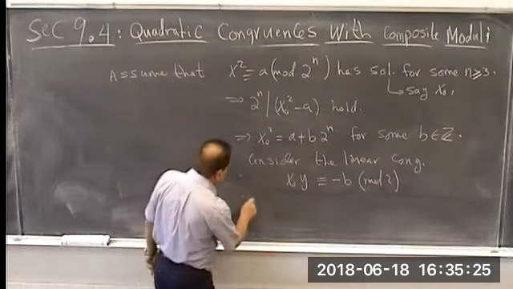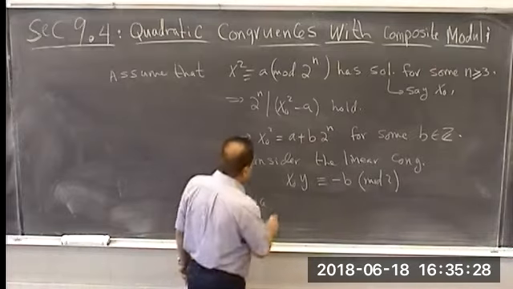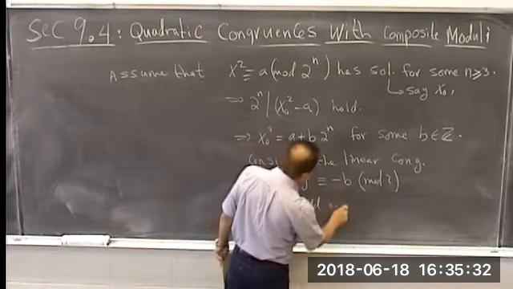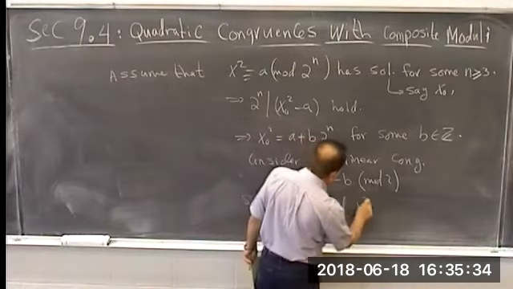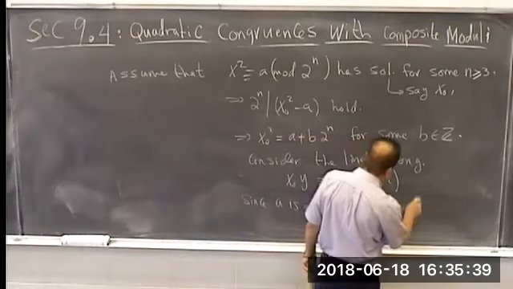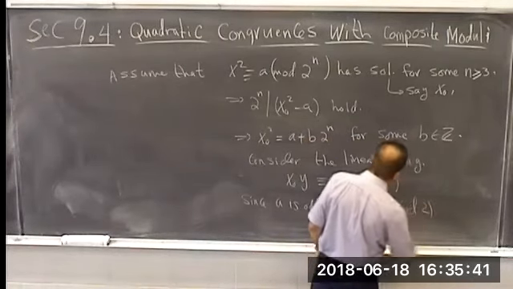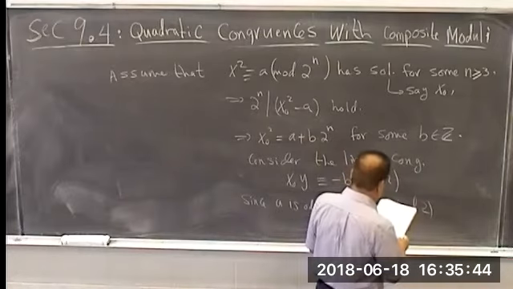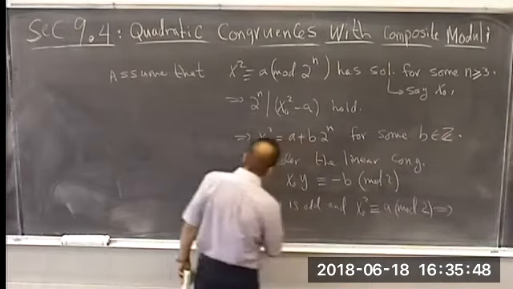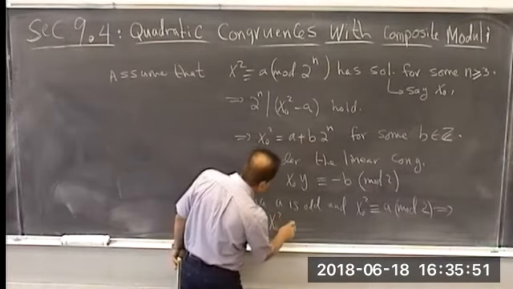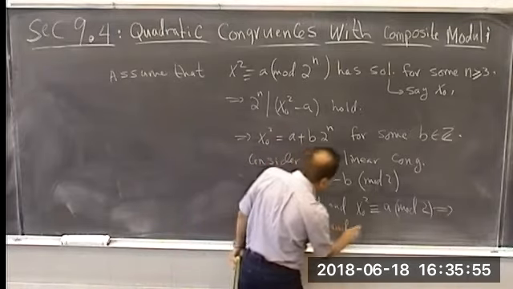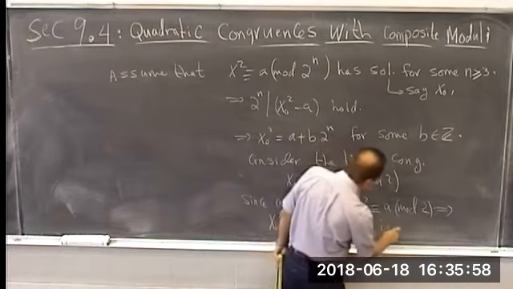Since a is odd and x0 squared is congruent to a mod 2, this implies that x0 squared is odd, and x sub 0 is also odd.